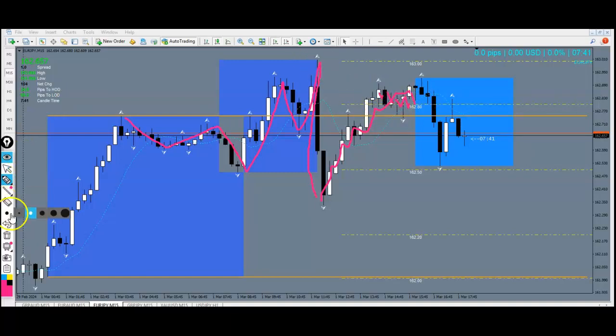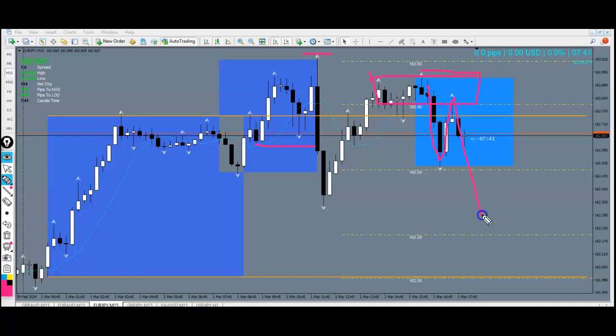Just what we said before, though this is a different setup now. This is actually the break of this move here. So the valid range was there, and you'd have been okay to take a sell around there, anywhere there, and you'd have made some profits.